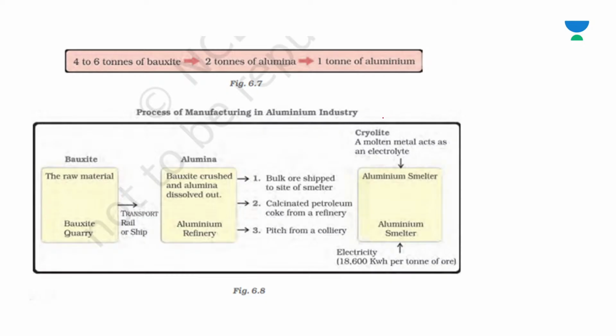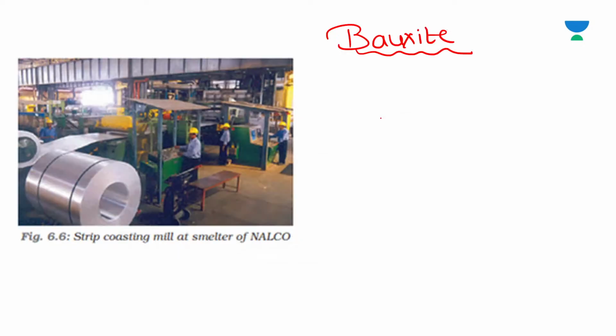Yes, we'll just go through this also. Now, friends, the bauxite, that is the raw material used in the smelters, is a very bulky, dark reddish colored rock. So, the regular supply of electricity and an assured source of raw material at minimum cost are two prime factors for the location of the industry.